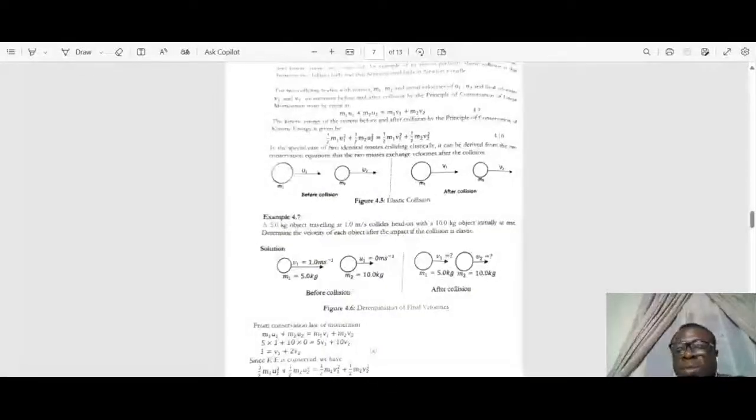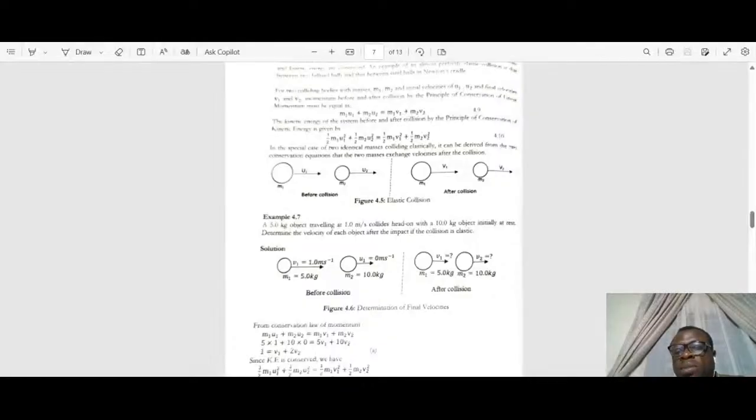In practice, if there's a collision, energy will be converted from one form to another. So the case of an elastic collision is not always practical, because if you have a collision between two cars, sometimes you hear sound, sometimes you see fire and so on.